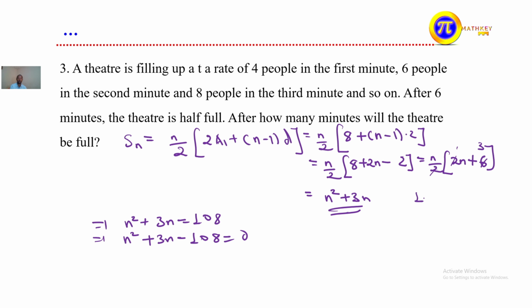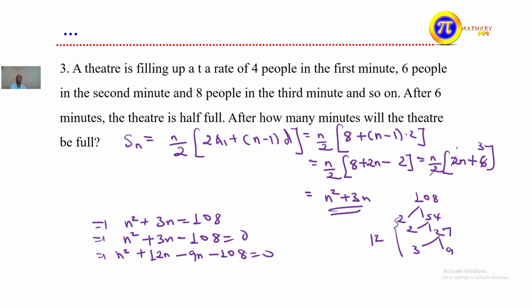Let's factorize 108: divided by 2 is 54, divided by 2 is 27, divided by 3 is 9. Here 2 times 2 is 4, and 4 times 3 is 12. We have 9, so 12 times 9 is 108. So this becomes n squared plus 12n minus 9n minus 108 equals 0. We can express it this way, or apply the general quadratic formula.